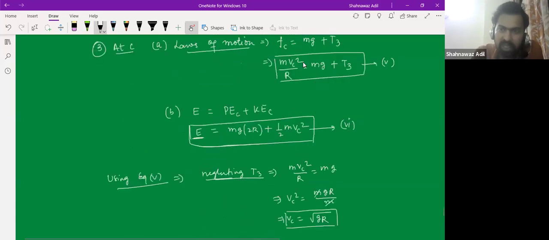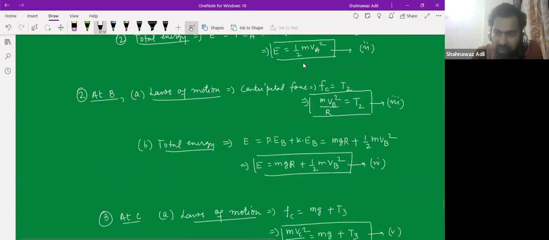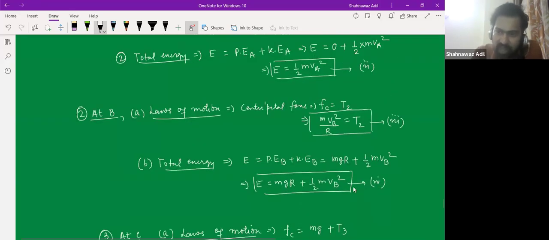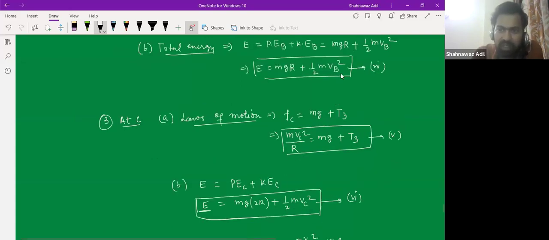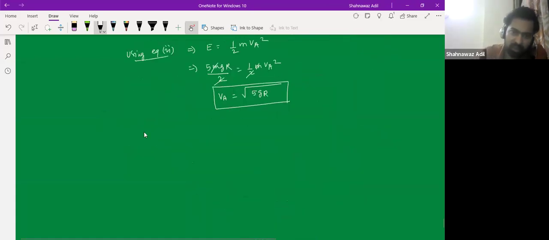And let's find out the value at B. So where is B? Yeah. So we have to use equation 4. So using equation 4, E is mgr plus half mvb square, right?